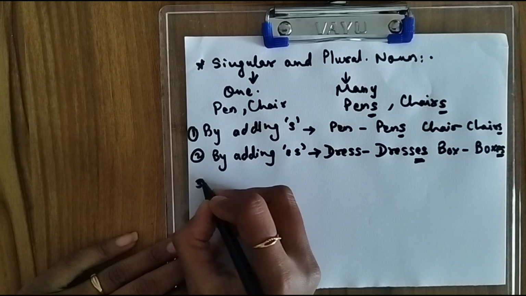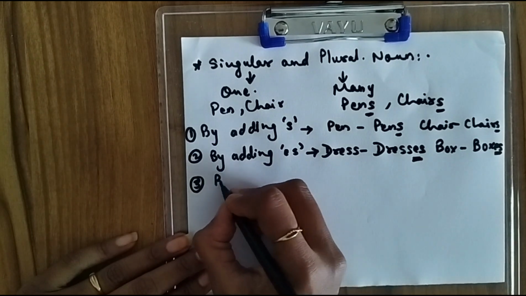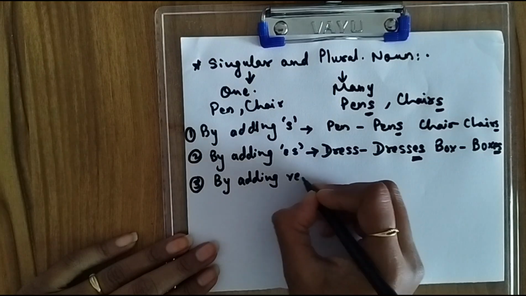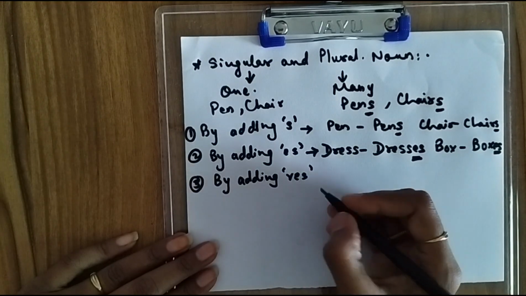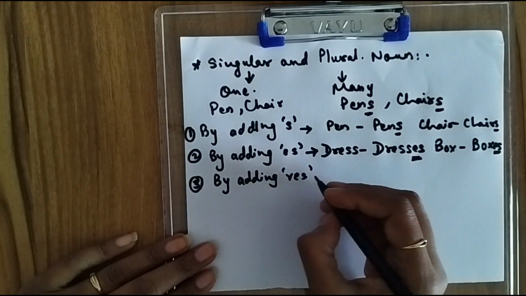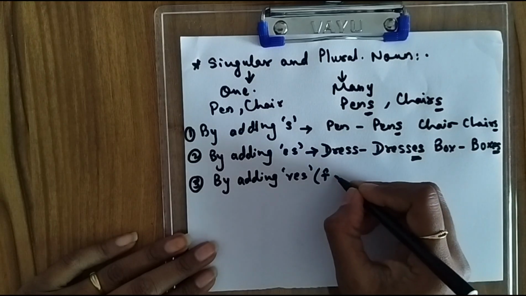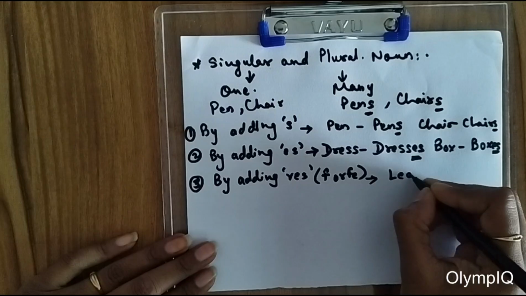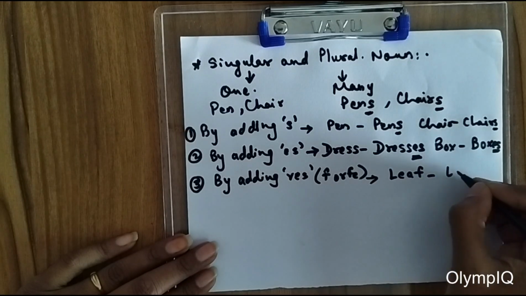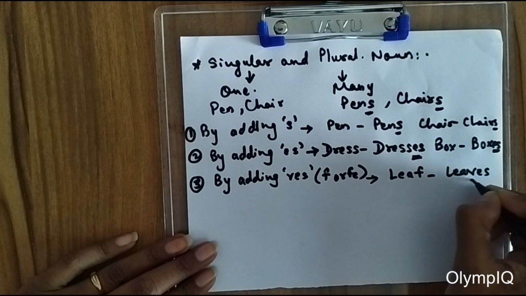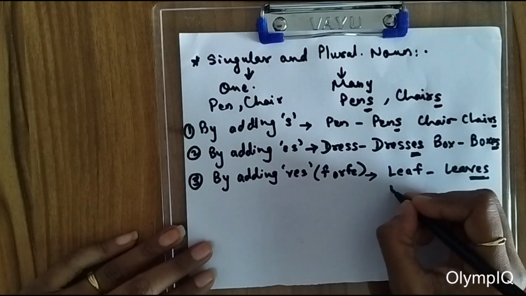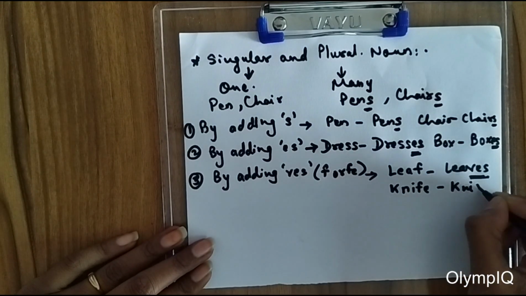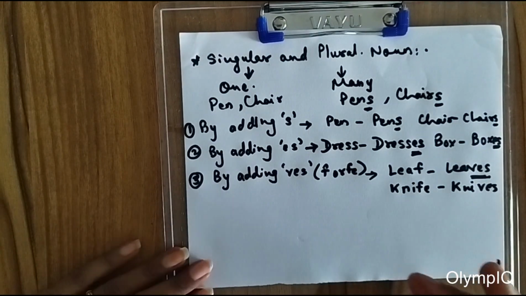Okay. Now third would be by adding ves, at the end of the nouns. These are mostly done for the nouns ending in f or fe. For example, leaf would be leaves. Also knife would be knives. Okay, hope you are getting this.